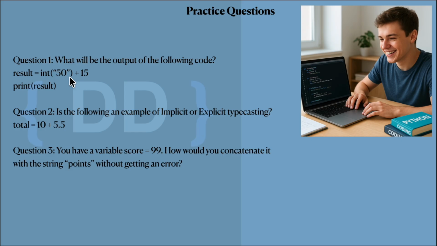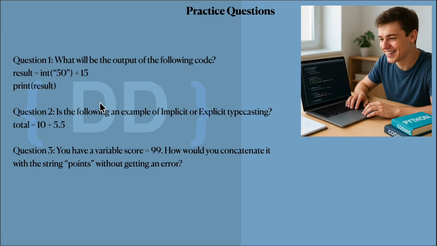So what will be the answer? Once it's changed into an integer, it will be 65, because now the numbers will be added. If we were adding the string 50 with 15, that would be 5015, because when you add a string with a number, it becomes concatenation, so it will not add the values, it will concatenate them.